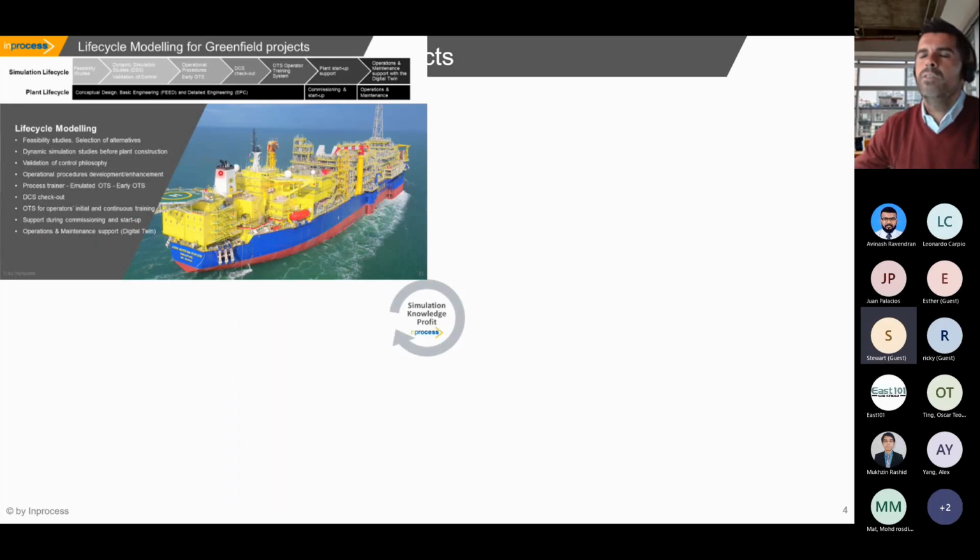And the reason why we put here the picture of an FPSO is because this life cycle modeling philosophy we have already applied in many different industries, not only oil and gas and not only FPSOs, but an FPSO is a very clear example of a complex plant, which is really constructed by a mix of different packages.